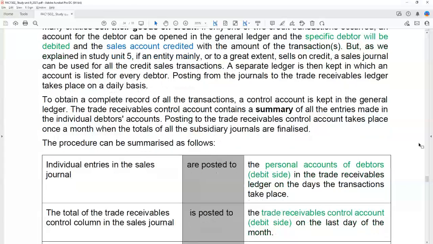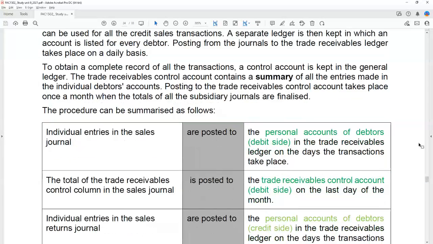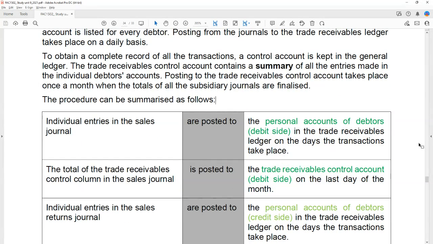Like I explained, our individual entries in the sales journal are posted to the personal accounts of our debtors on the debit side in the trade receivables ledger on the days the transactions take place.